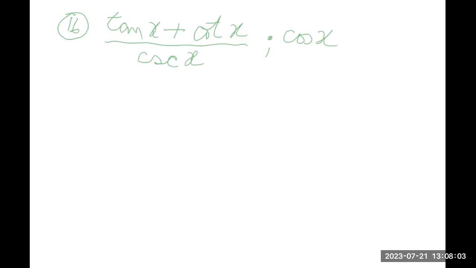So we're going to use the same strategy. Let me first convert everything to sine and cosine. So tangent is sine over cosine. Cotangent is cosine over sine.